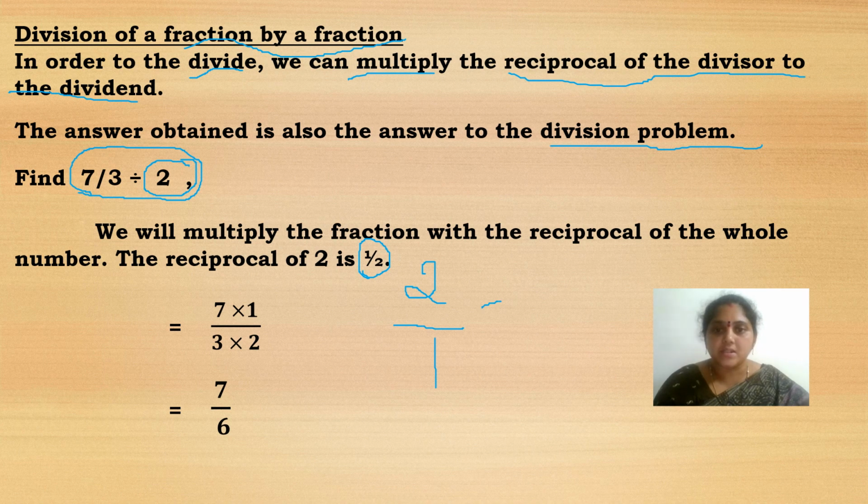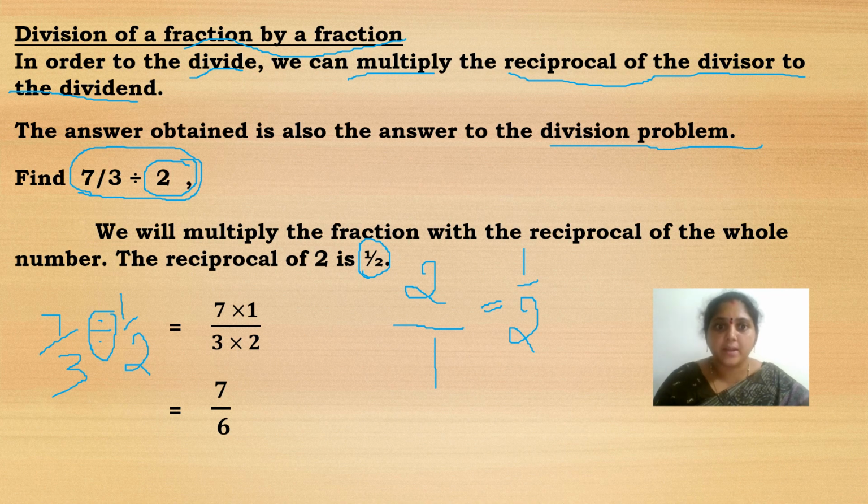When you are interchanging, meaning taking the reciprocal of the number, it will become 1 by 2. Now multiply our numerators. What are our fractions now here? 7 by 3 divided by 1 by 2. Now this division form will be converted into multiplication. Right?